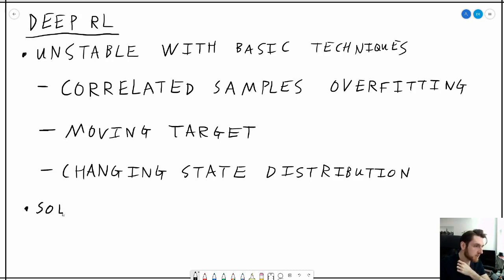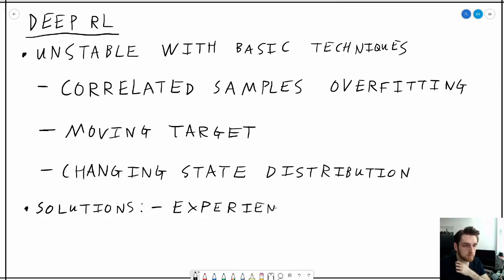The solutions we're going to cover to these problems are experience replay, and target network.